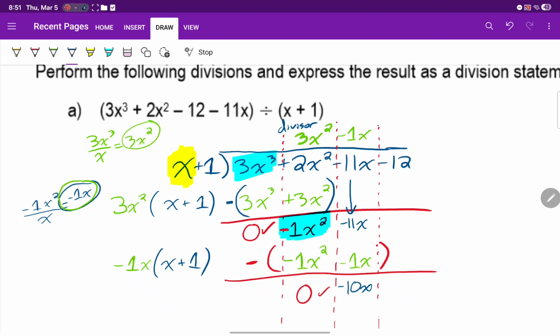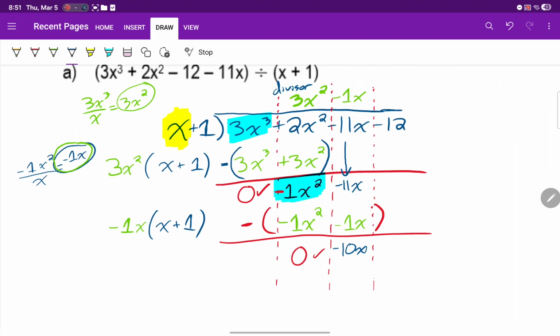Now again, we do our next step. How many times does our original x go into negative 10x? So we go negative 10x divided by x, and every time I divide by x, what we get is negative 10. That negative 10, I put at the top. As soon as I put something at the top, I multiply it by my original divisor.